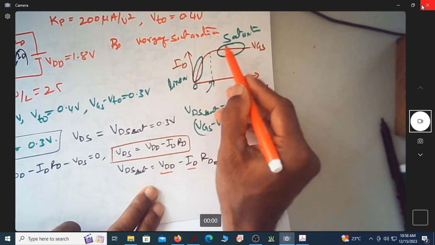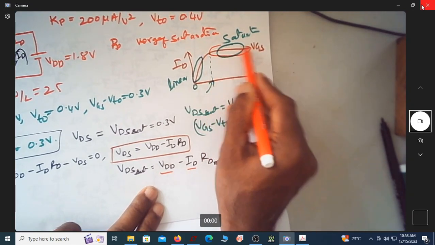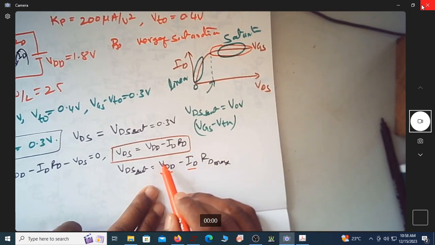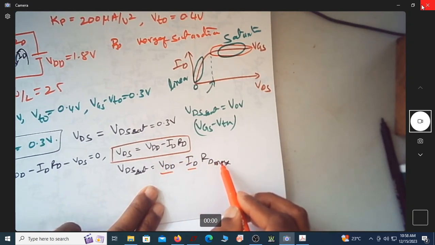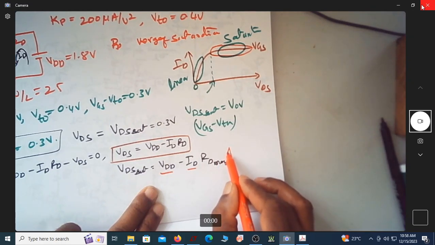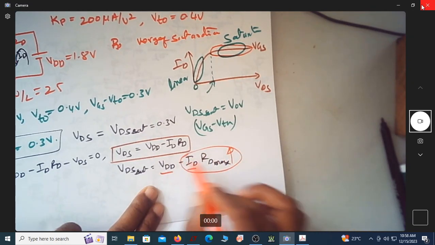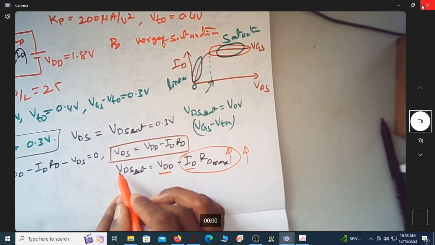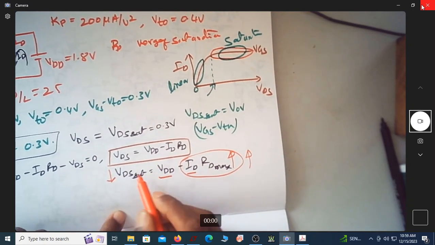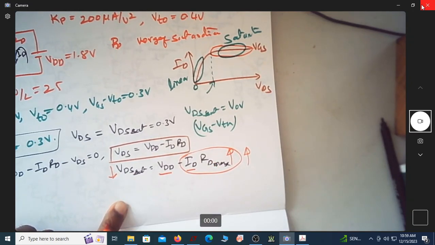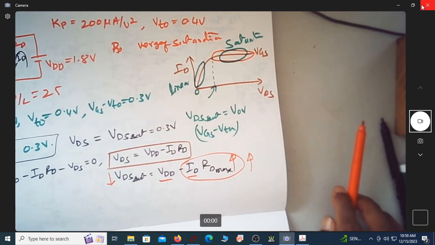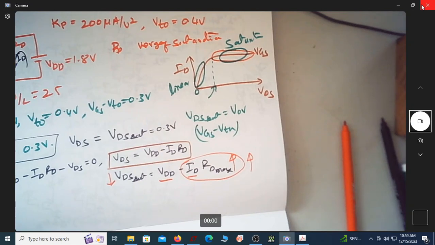Of course, the saturation region goes till here. So this is also constant. If you change the value of RD, suppose you increase the value of RD, this whole value will increase, which will make this value reduce. So for a particular value of RD, this will become 0.3. We need to find at what value of RD this becomes 0.3. That's what we are finding here.